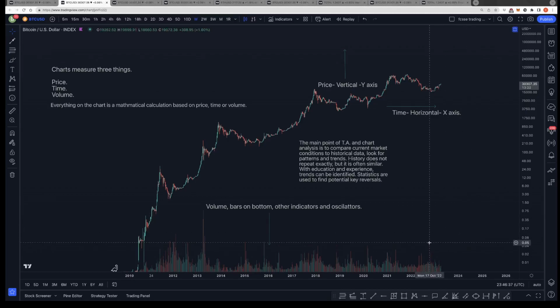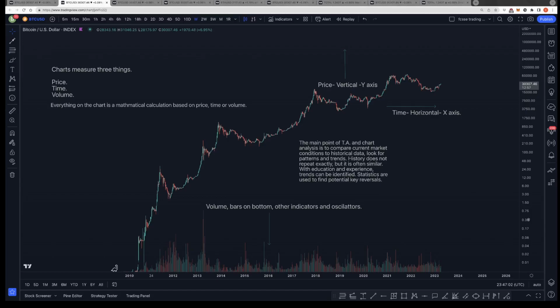Again, you can use it for many other things, not just volume, but essentially you're comparing the current market conditions to what's happened previously. You're trying to extract some patterns, some similarities, and make an educated guess as to what is going to happen. And you're never going to be 100% accurate. Nobody is.